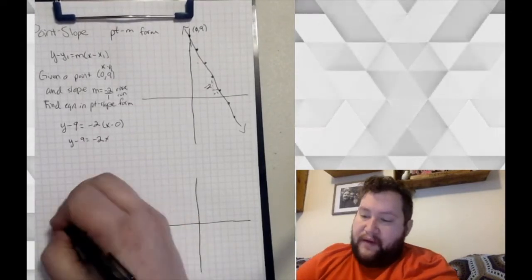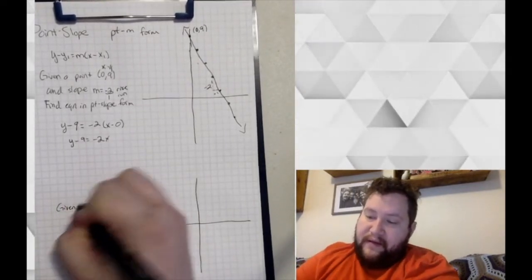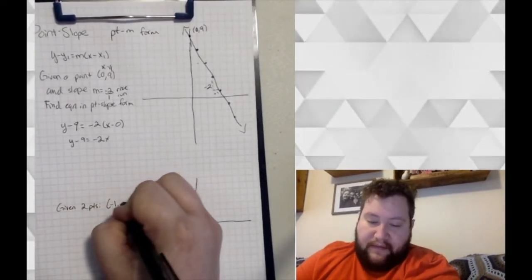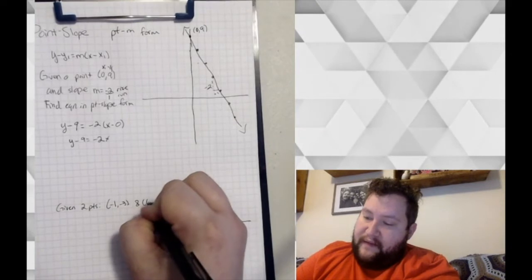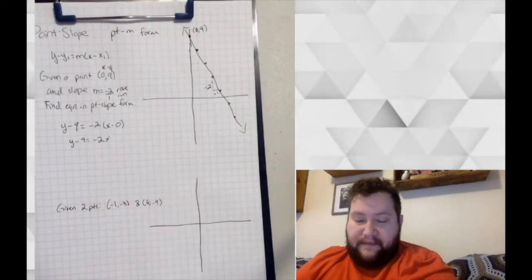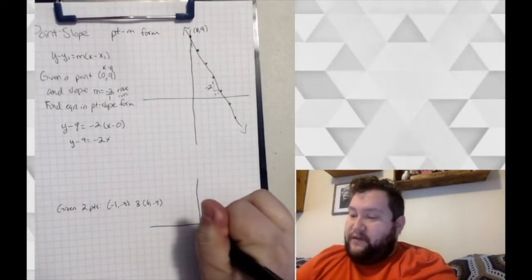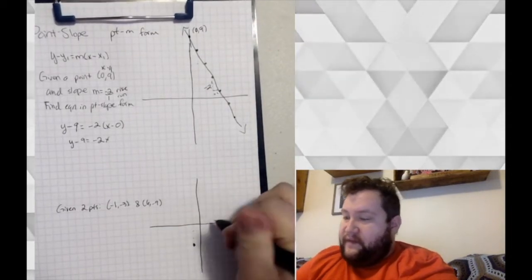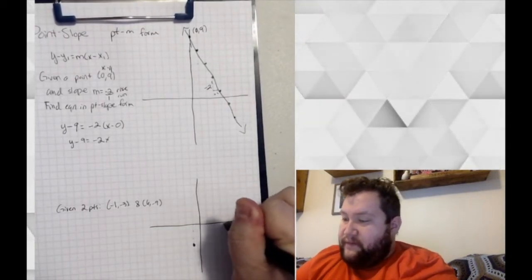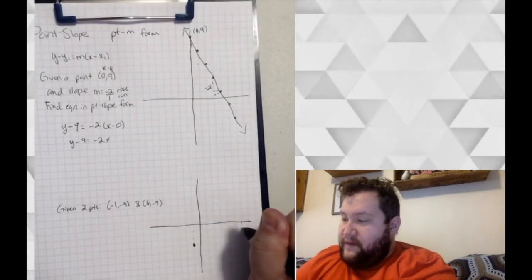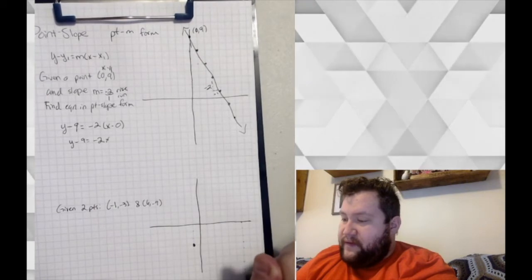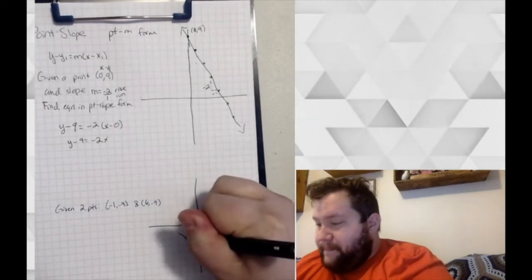So suppose we're given 2 points, negative 1, negative 3, and 6, negative 9. Let's go ahead and plot those 2 points, negative 1, negative 3, and 6, negative 9.